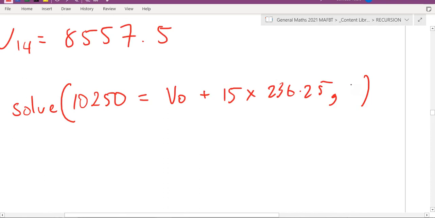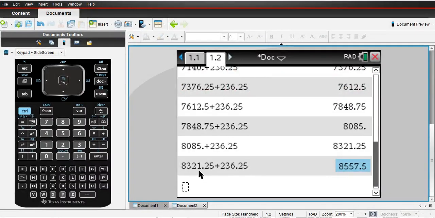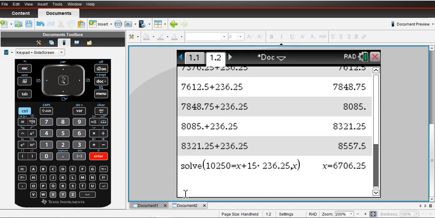Okay. Now the little caveat here, the thing to note is you can't actually write V0 in your calculator. Just write any other letter. You can write X or Y or whatever you want. So if I put this in my calculator, solve 10,250 equals, I'll just use X, plus 15 times 236.25, comma X, because I'm trying to find V0, which I just changed to X. So that means she needs to now invest $6,706.25.